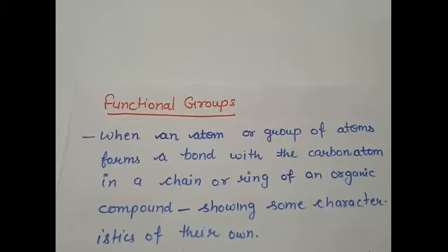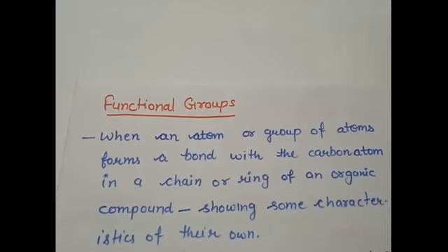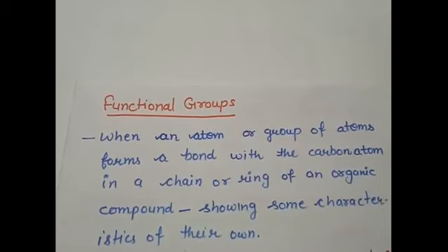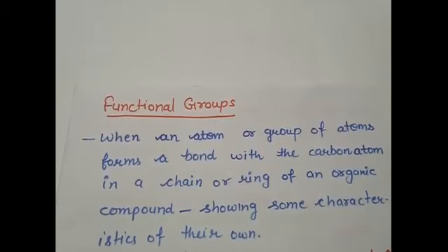Now our second topic is functional groups. A functional group, as the name suggests, performs some particular function when it is combined with a compound. Now what is a functional group? When an atom or group of atoms forms a bond with the carbon atom in a ring or chain of an organic compound, showing some characteristic properties of its own, then that atom or group of atoms is called a functional group.